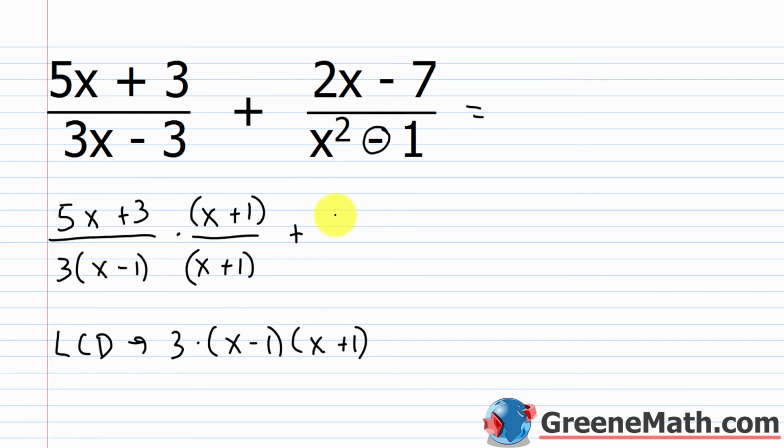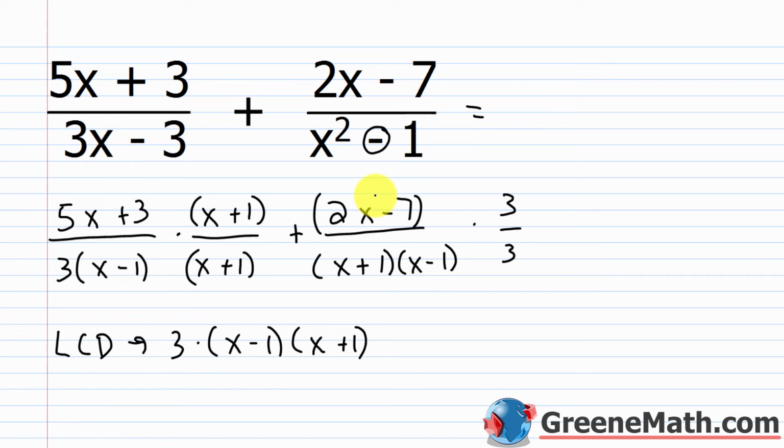Then plus, over here I have 2x minus 7 over x plus 1 times x minus 1, those two quantities. I'm missing a 3 here, so times 3 over 3. Now, very important, since I'm multiplying by 3, remember to use parentheses. Don't just multiply 3 times 2x and be done. So I'm going to put parentheses around it because I've got to use my distributive property.